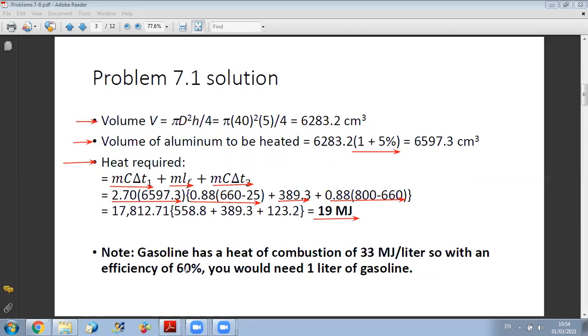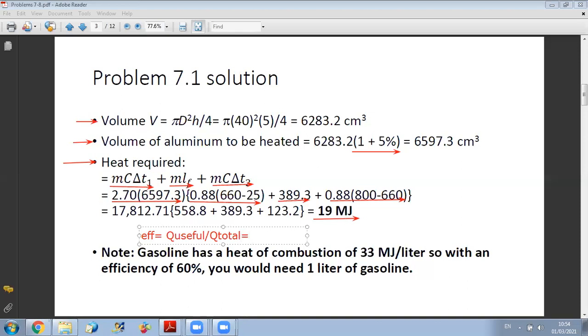Okay, so when they give us in a problem the efficiency, you can write that efficiency is equal to Q useful heat that will be extracted from combustion over Q total. So for example here, the useful heat is the heat required for aluminum, which is 19 megajoule.